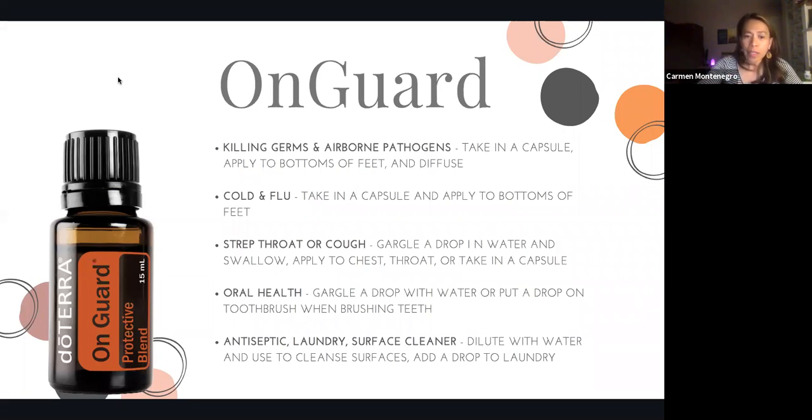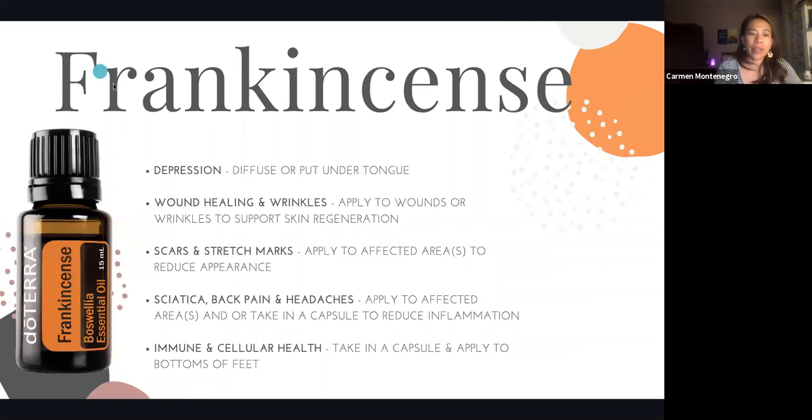Okay, now we're going to be talking about some of the top oils that are single oils. Frankincense. Frankincense is known as the king of oils.